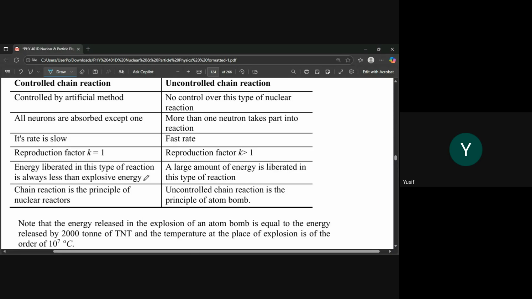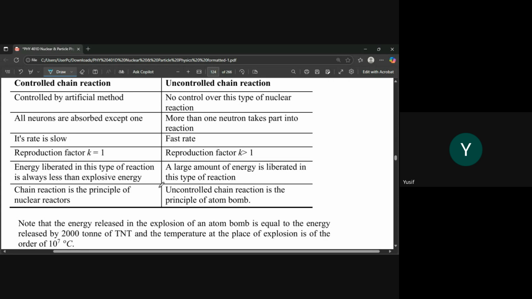So assuming I'm using a reactor and I know it's a controlled one, at any point the energy I'm getting is 200 mega electron volts. It means it's a controlled one. At any time, if something is to happen, I know the amount of energy there, so I know how to shield my environment.